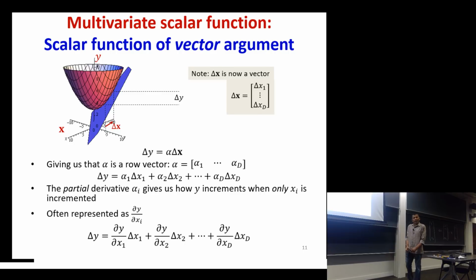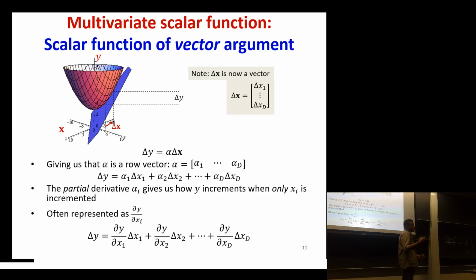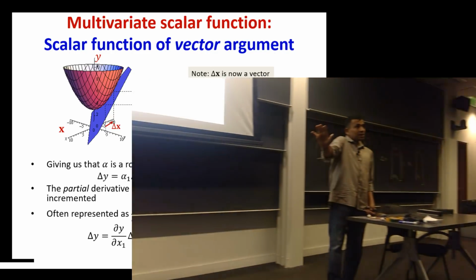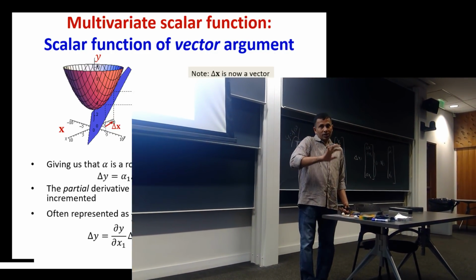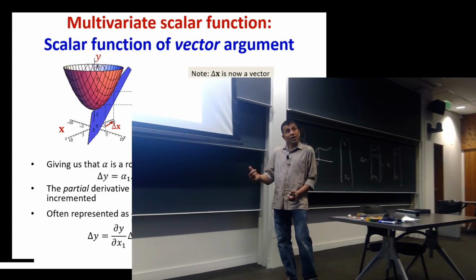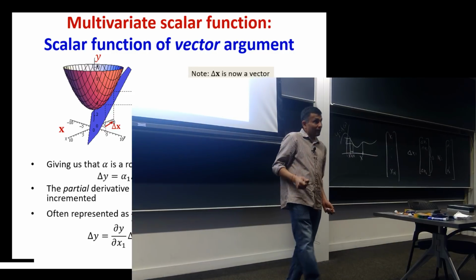Correct? And so any particular alpha i is the change in output when only that component is changed, everything else is kept fixed, because everything else is 0. And that is what we will call the partial derivative of the function with respect to xi.